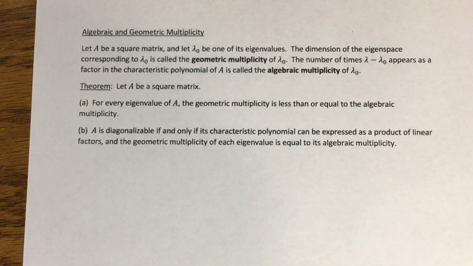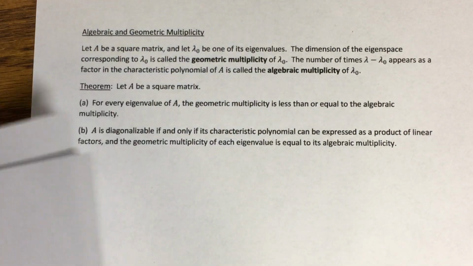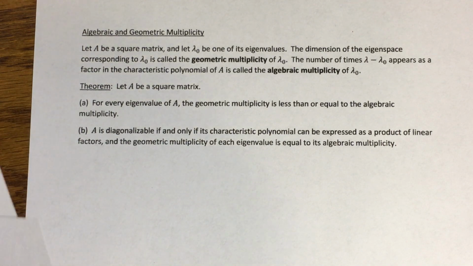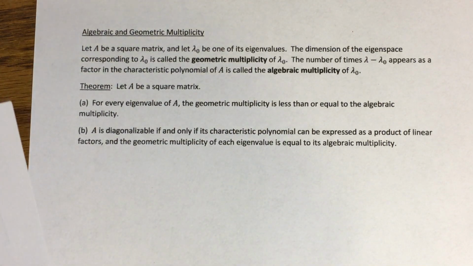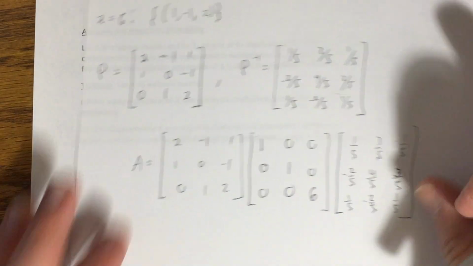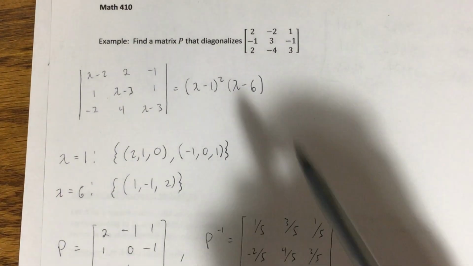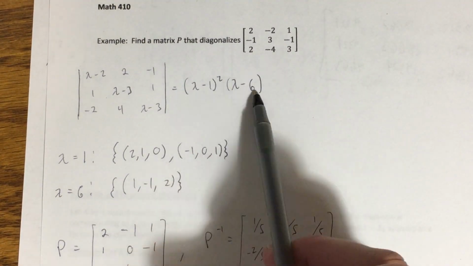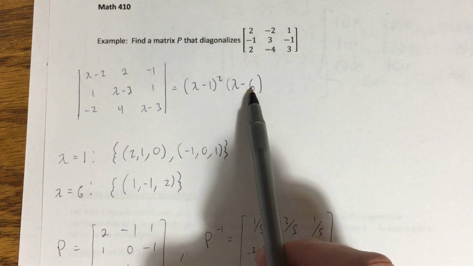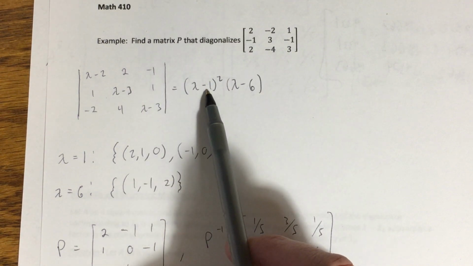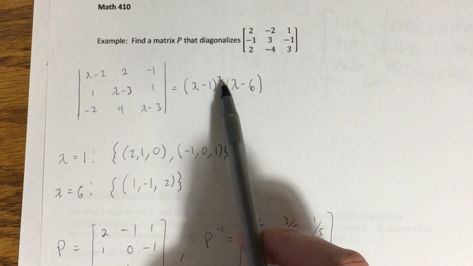In one of our previous examples where we determined that a matrix was diagonalizable, let's see if I can find the one I'm thinking of. So this right here, okay, we can see this confirmed. Here's our characteristic polynomial. I have the eigenvalue 1, and notice it's raised to the second power.